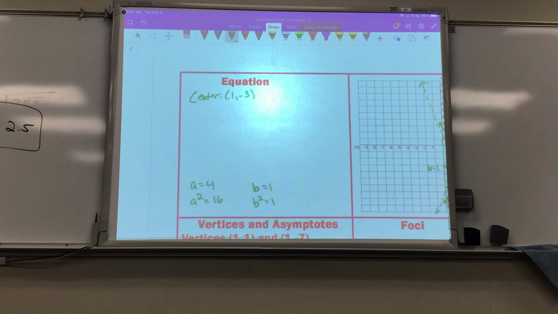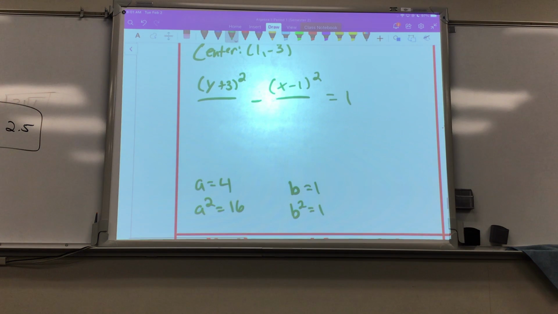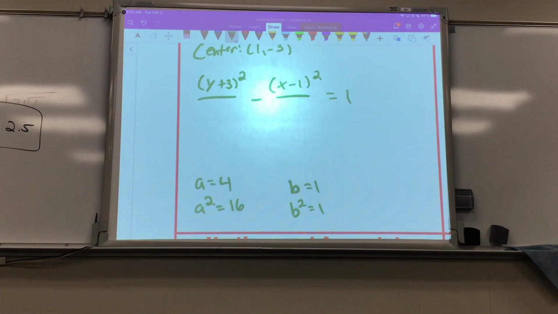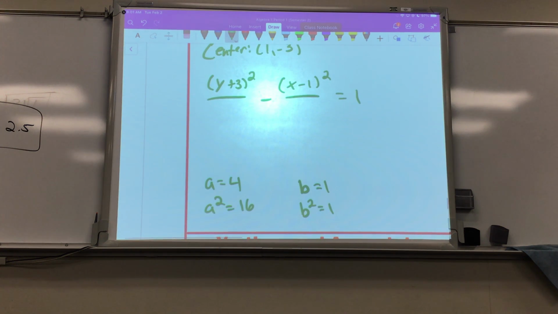Y. So, from there, y minus -3, so y plus 3 squared, x minus that 1 squared equals 1. A always comes first, right? In the hyperbolas. And we went up and down 4, so the 16 needs to go under y, and the 1 will go under x.